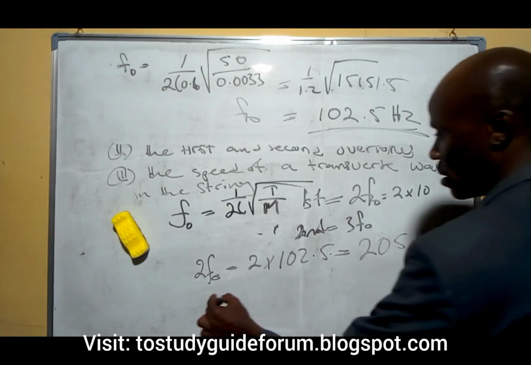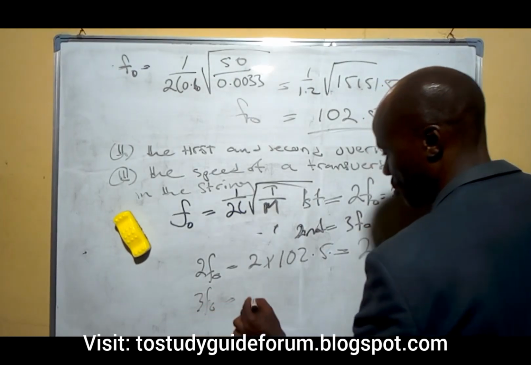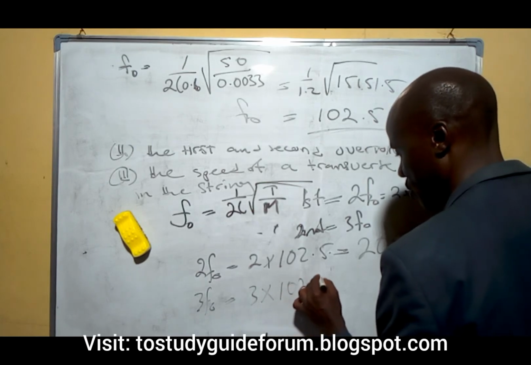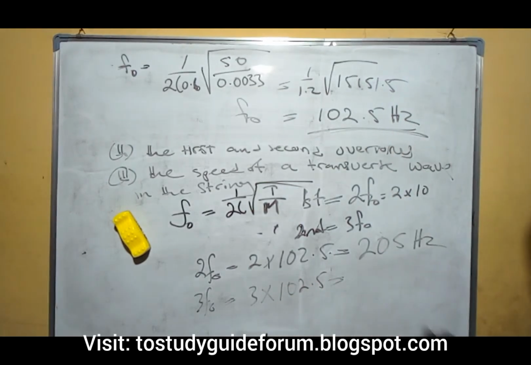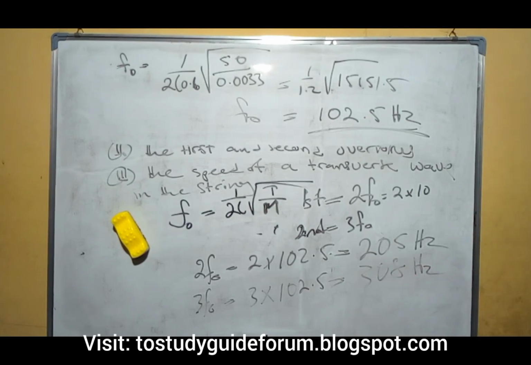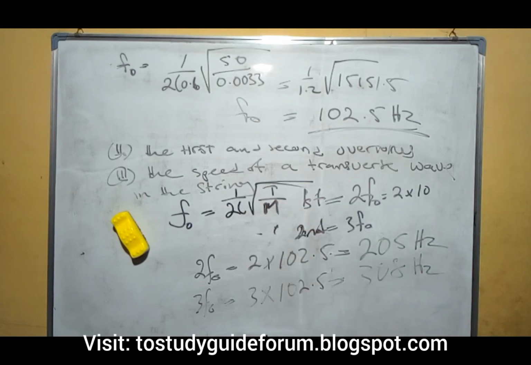And the second overtone is equal to 3 times 102.5, equal to 308 hertz approximately.